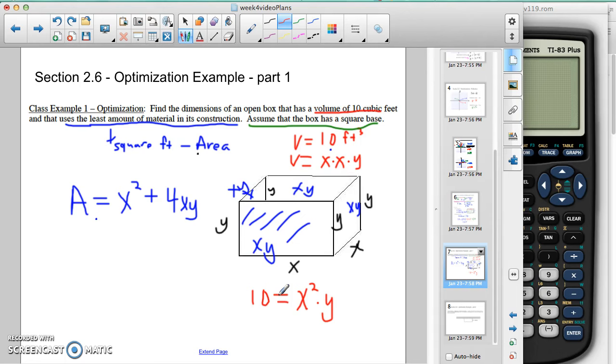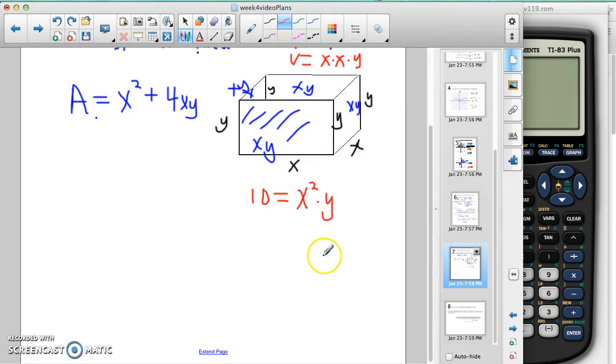I'd like to have this problem in terms of one variable. So I'm going to take my volume formula and solve it for y. So I get y equals, we're going to divide both sides by x squared.